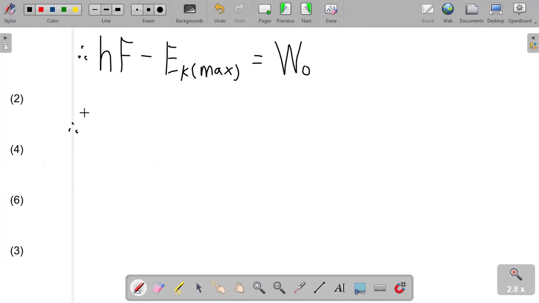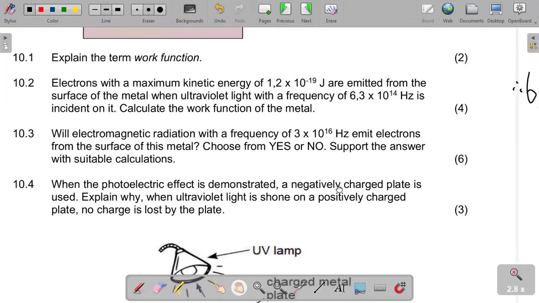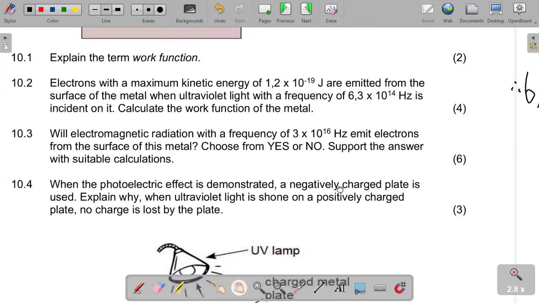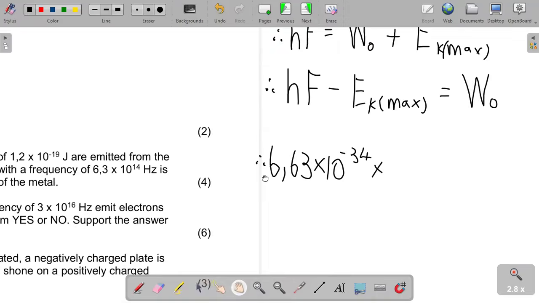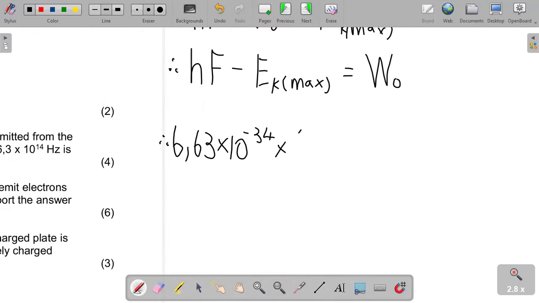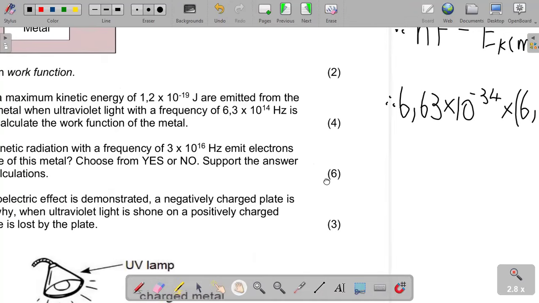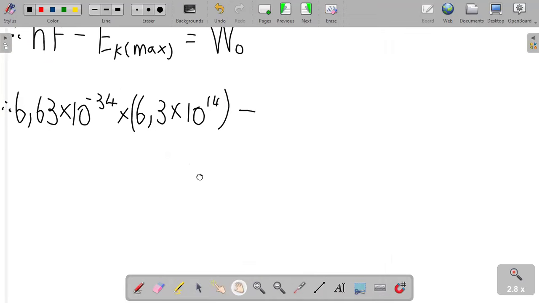We substitute 6.63 multiplied by 10 to the negative 34, multiplied by 6.3 times 10 to the 14, then minus 1.2 times 10 to the negative 19.